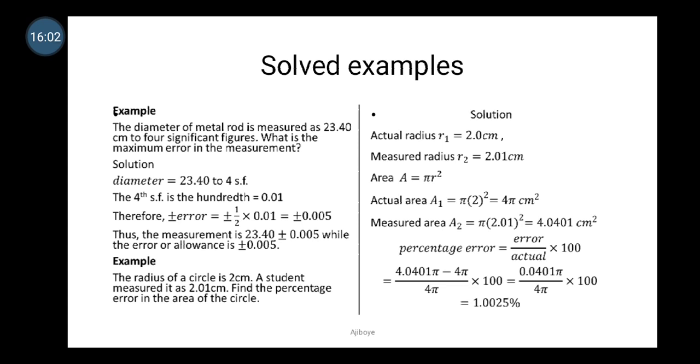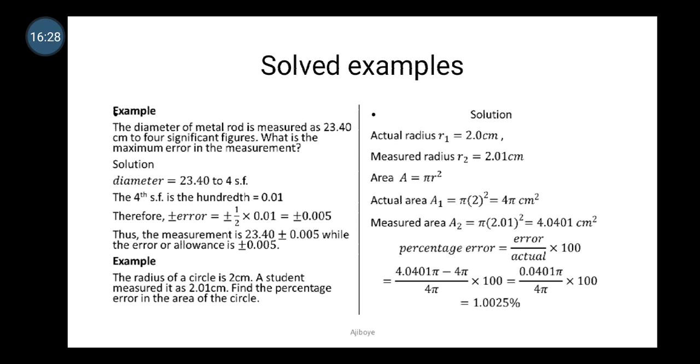Example again. The diameter of a metal rod is measured as 23.40 centimeters to 4 significant figures. What is the maximum error in the measurement? Okay, if you look at that question, you see that we have to the nearest hundredth.